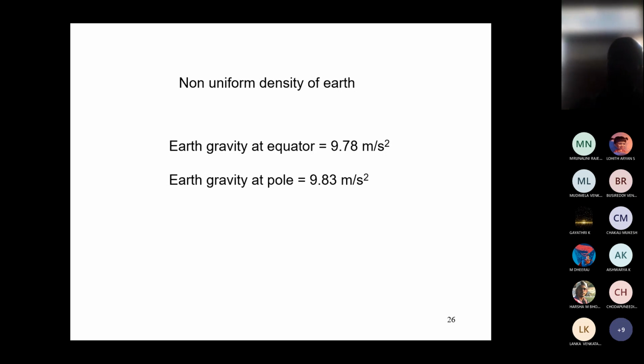Towards the equator, the gravitational field is around 9.78 meters per second squared. But if you go towards the north or south pole, you will have a higher gravitational field, approximately 9.83, around 0.05 meters per second squared higher than at the equatorial line.